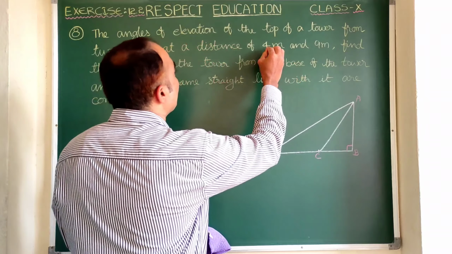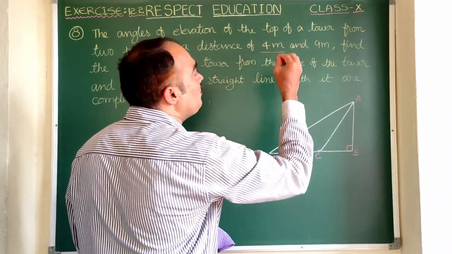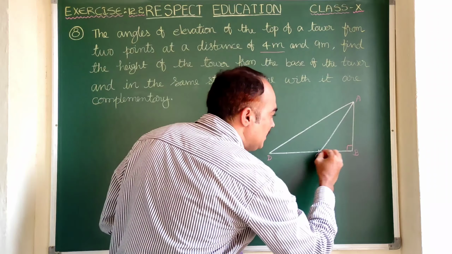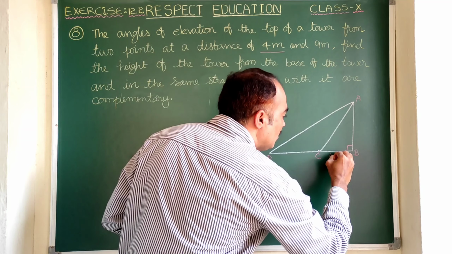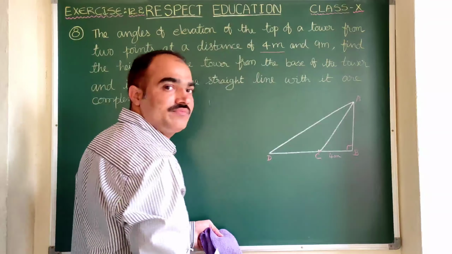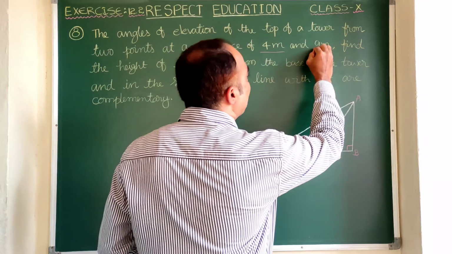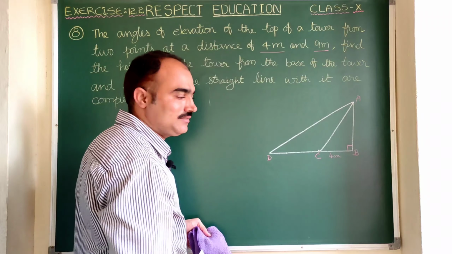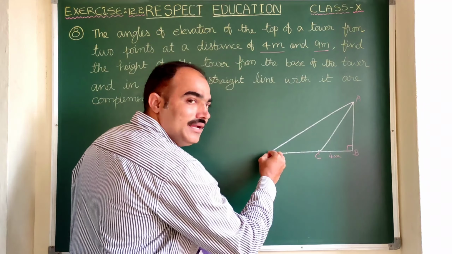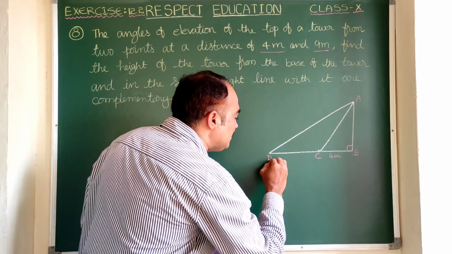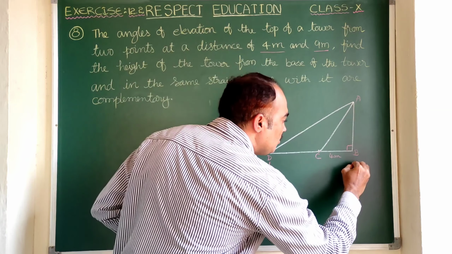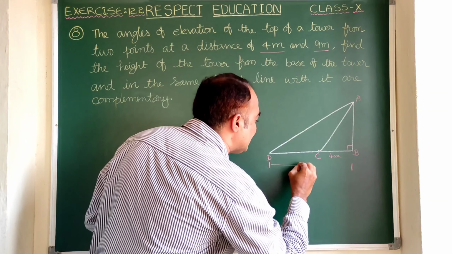Here understand that there are 2 points. One is 4 meter far away from the base. So here B to C distance is 4 meters. And another point is at 9 meters distance. So B to D, this distance is 9 meters.